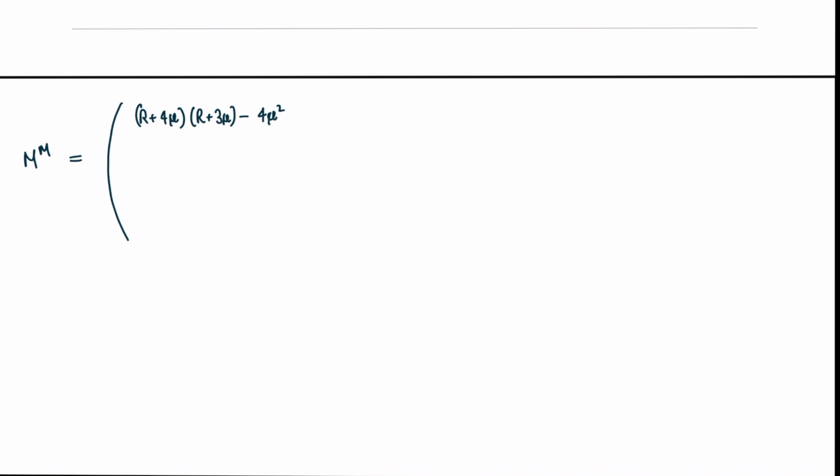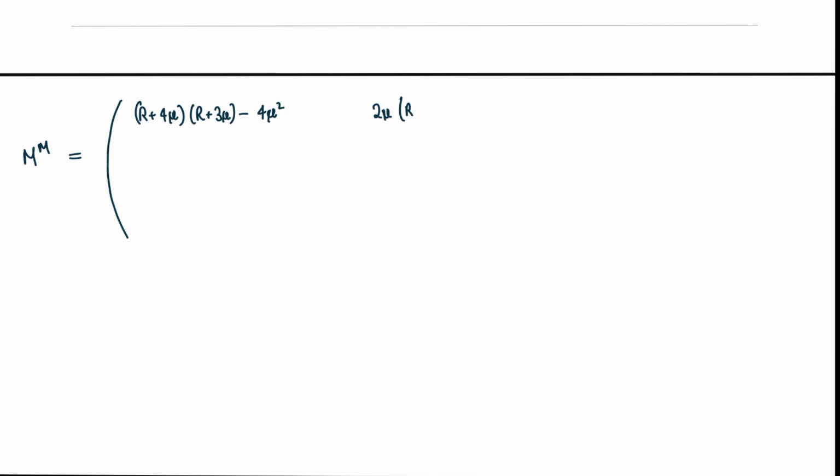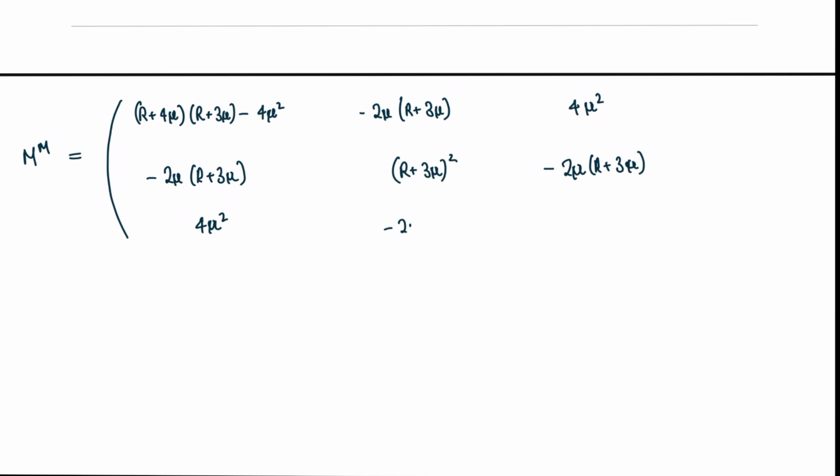Doing that for the second element, I get 2 mu (r plus 3 mu), and then 4 mu squared, and 2 mu (r plus 3 mu), (r plus 3 mu) squared, 2 mu (r plus 3 mu). Sorry, these should be minuses, and then 4 mu squared, and then minus 2 mu (r plus 3 mu), and finally (r plus 4 mu)(r plus 3 mu) minus 4 mu squared. So this is our matrix of minors.